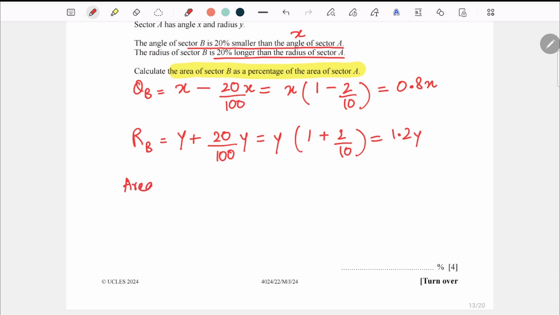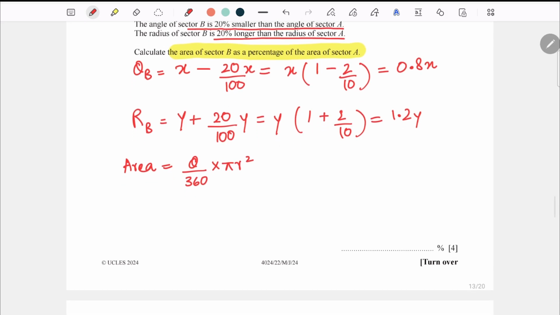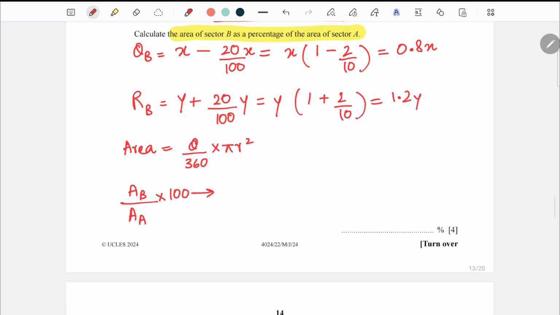The general formula for the area of a sector is theta over 360 multiplied by pi r squared. The question is asking for the area of sector B as a percentage of the area of sector A. So area of B over area of A, multiplied by 100. Area of B is theta, which is 0.8x, divided by 360 multiplied by pi into r squared.